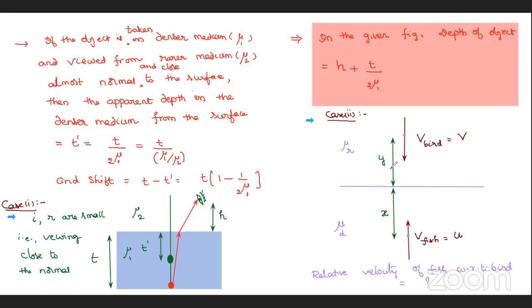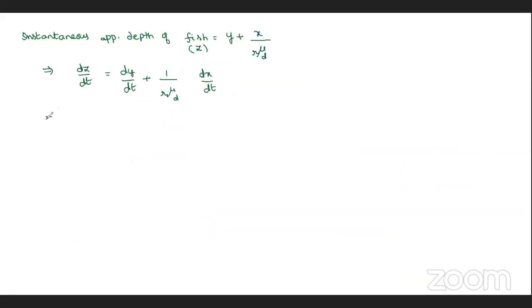Who is dy by dt? v. Now I am getting the relative velocity is equal to dy by dt, that is velocity of bird v, plus dx by dt, velocity u, by mu of denser with respect to rarer.